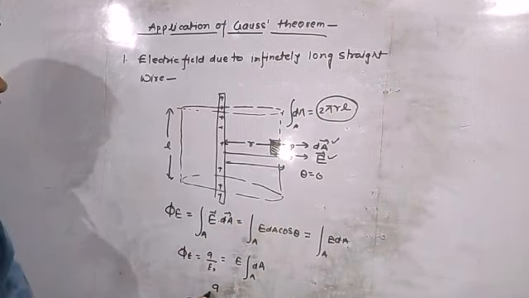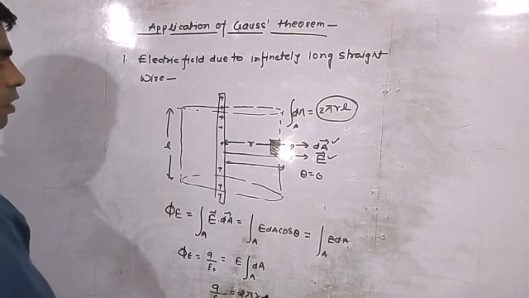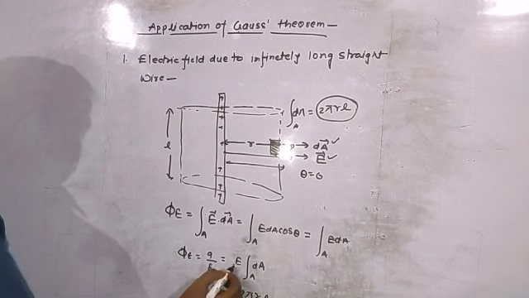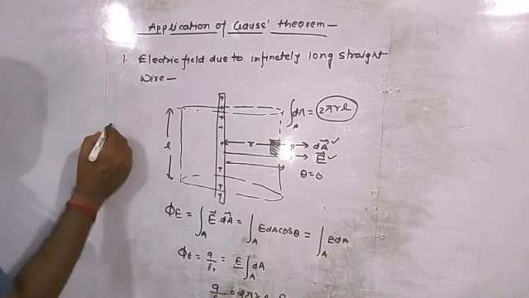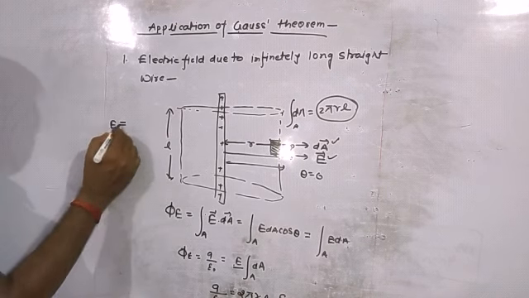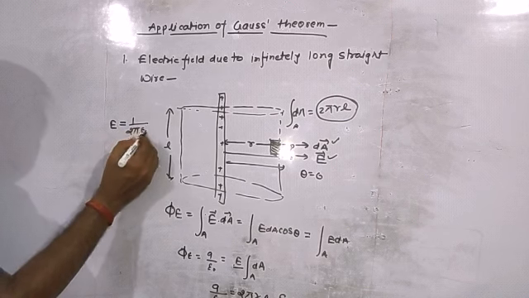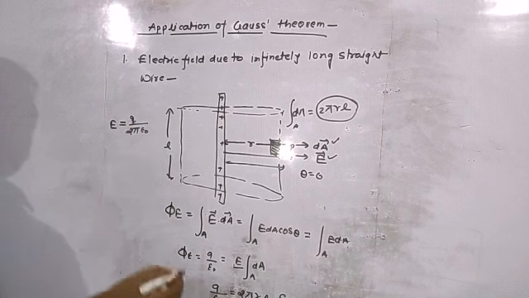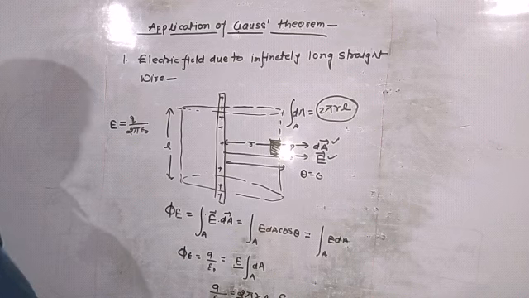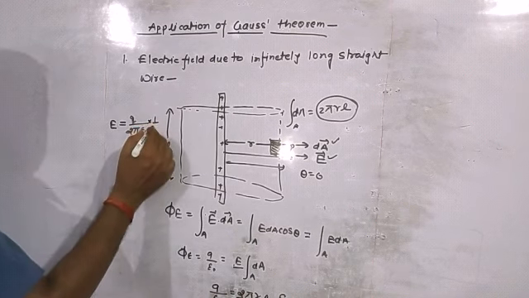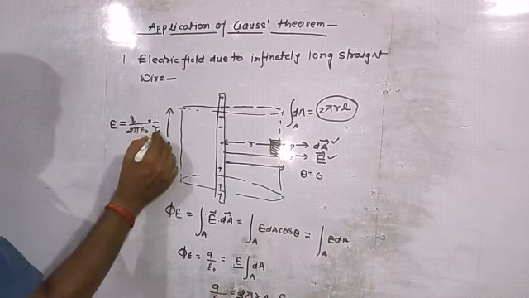So here Q by epsilon naught is equal to 2 pi RL into E. So the electric field comes as E is equal to Q by 2 pi epsilon naught into 1 by R, and L is also present.